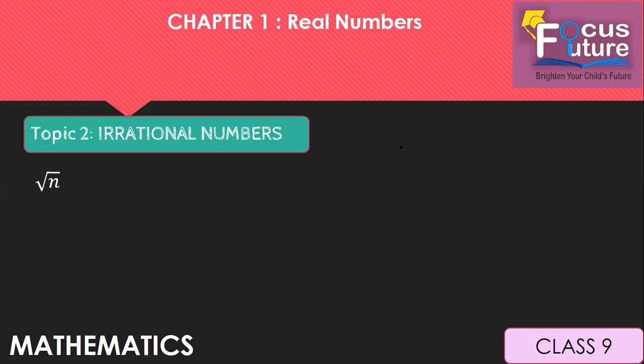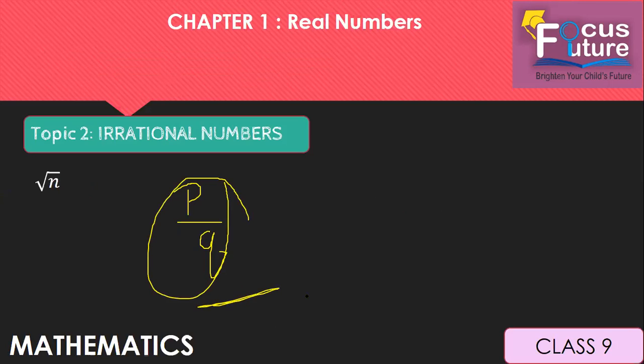Our next topic is irrational numbers. When the numbers are not of the form p by q, then that number is known as an irrational number.